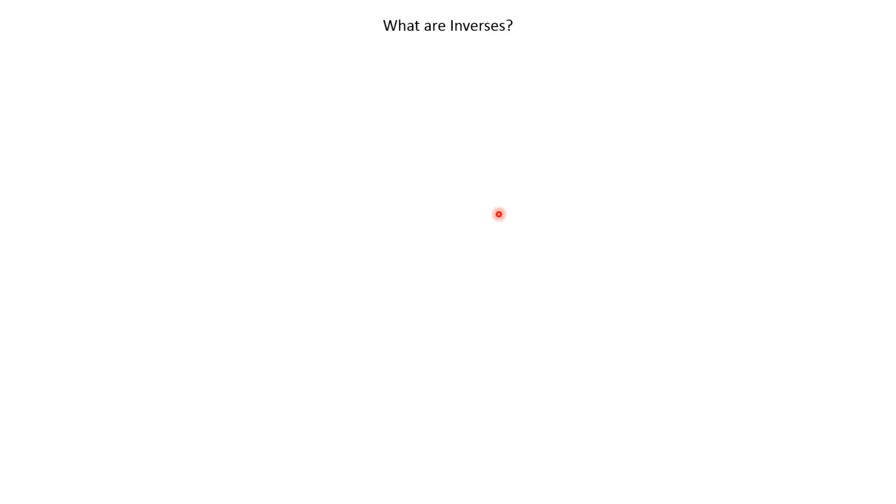So, let's start out with what are inverses? As a little refresher, in a just general sense, an inverse switches the input and the output. An inverse of a function to get degrees Celsius if we have degrees Fahrenheit would be the one to get degrees Fahrenheit if we have degrees Celsius.